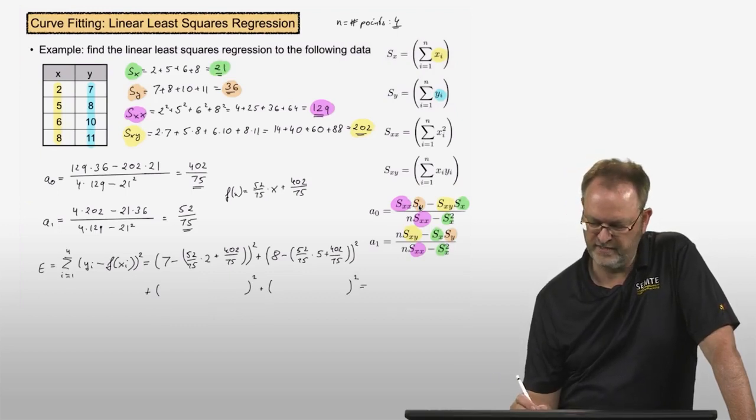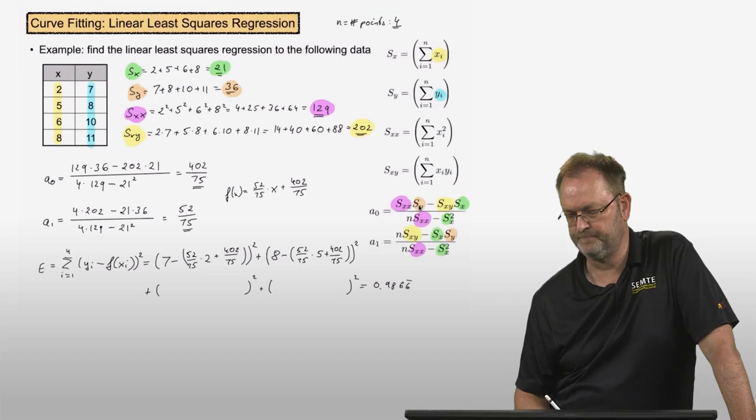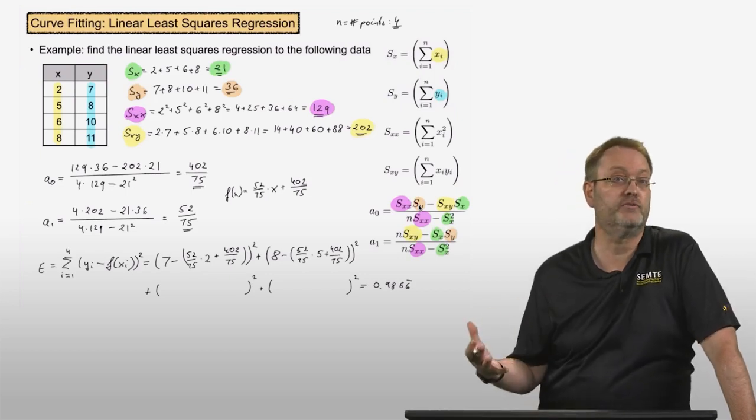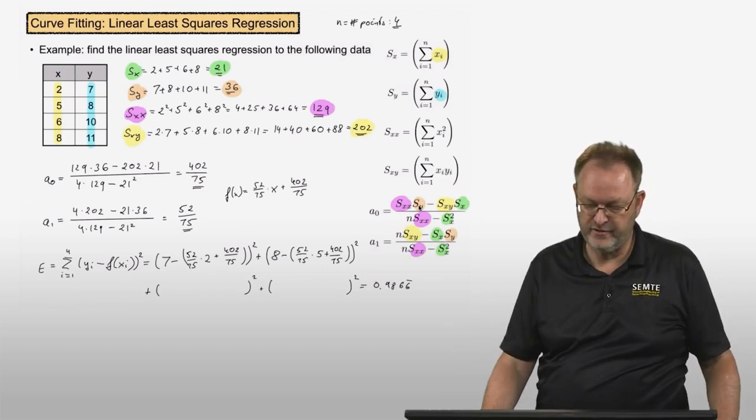If we plug all of these values in, you would get that this error is 0.9866. So that's the smallest possible error that we can get using just a line to fit this data.